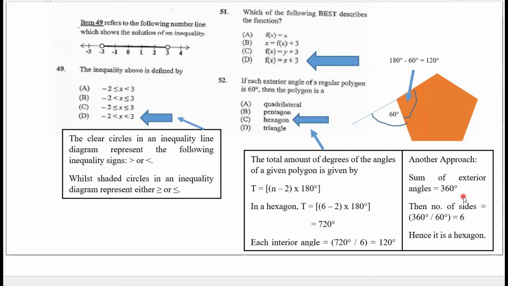So what I'm going to do is divide 360 degrees by 60, which is the size of each exterior angle. I divide 360 by 60 and I'll get 6, showing that the polygon has 6 sides, which will make it a hexagon.